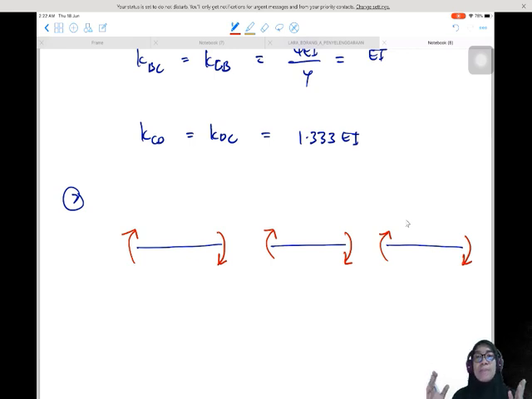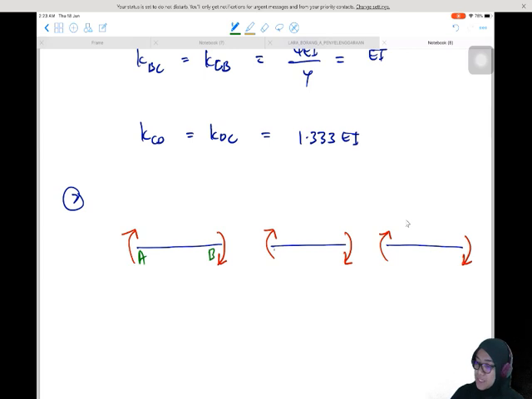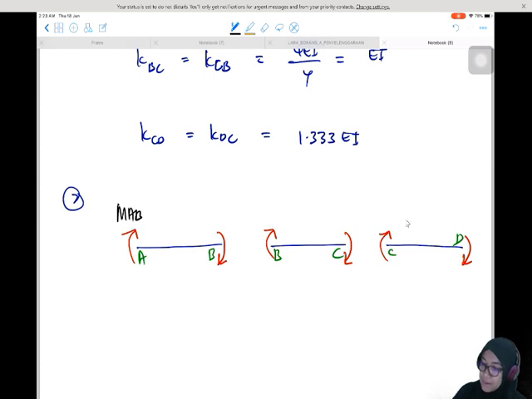If the total number of members here is 3, there will be 6 member end moments. This is AB, this is BC, and this is CD. The first one is called MAB, MBA, MBC, MCB, MCD, and MDC.